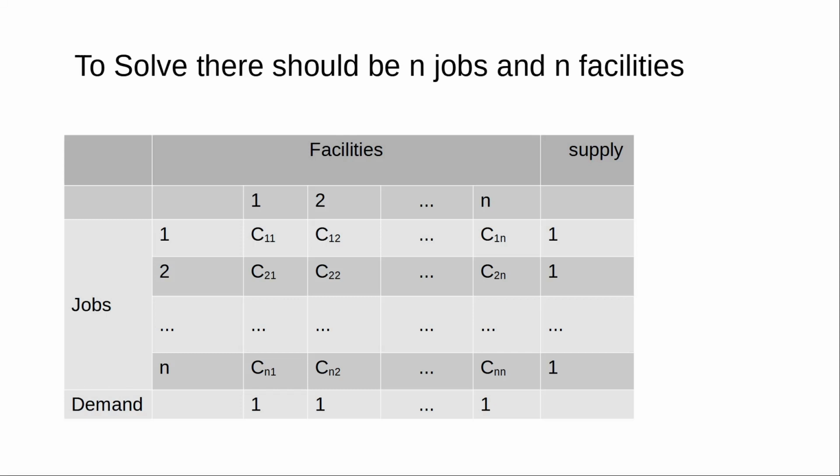Now jobs here have a supply of 1 and the demand in the facilities is also 1, because only one job can be given to one facility.